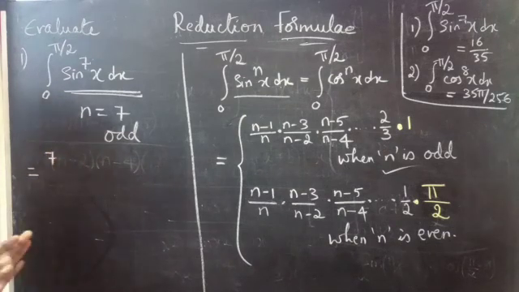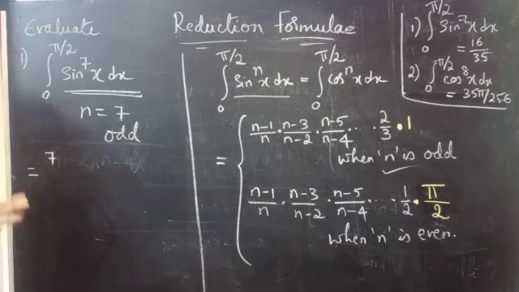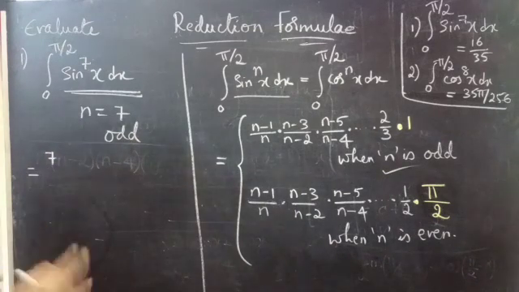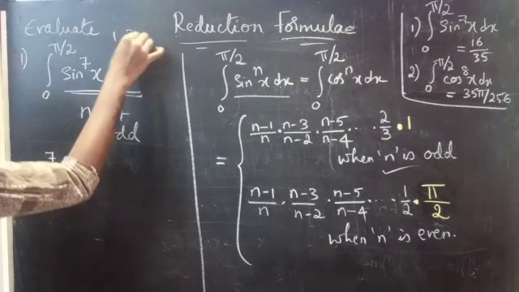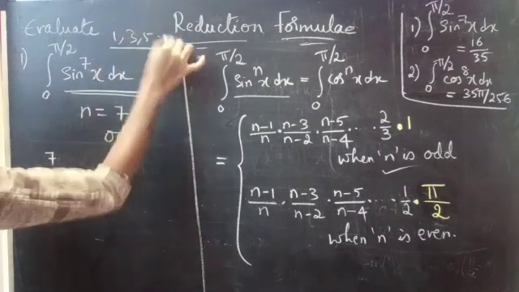In the numerator, we have to subtract 7 with 1, 3, 5 and so on, that is odd numbers.